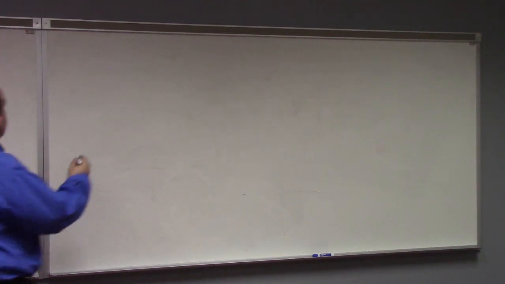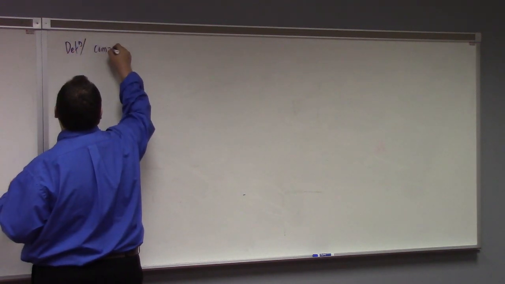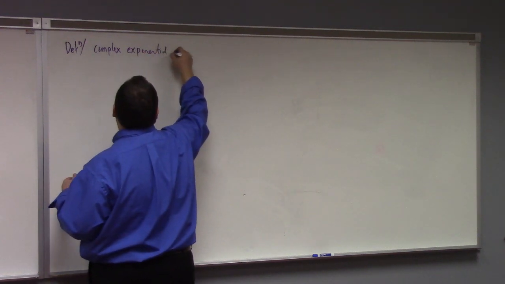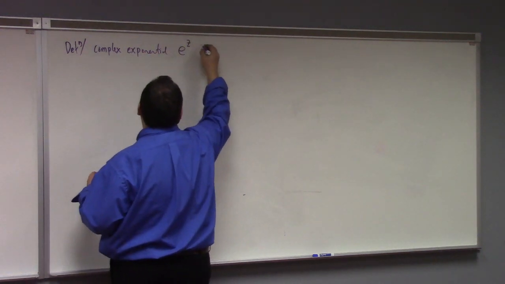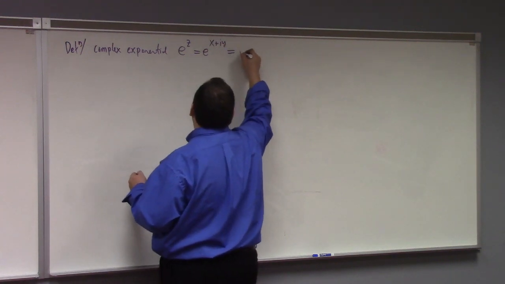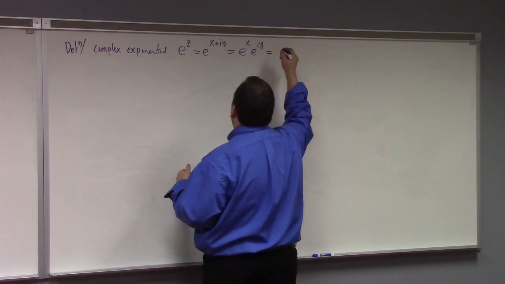So here's the definition. Complex exponential. e to the z, in other words, e to the x plus iy, is equal to e to the x times e to the iy. I guess I'm not at the definition yet.